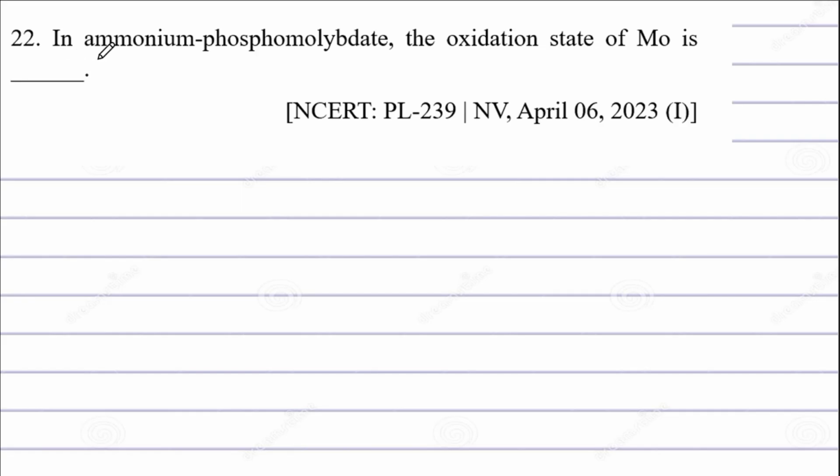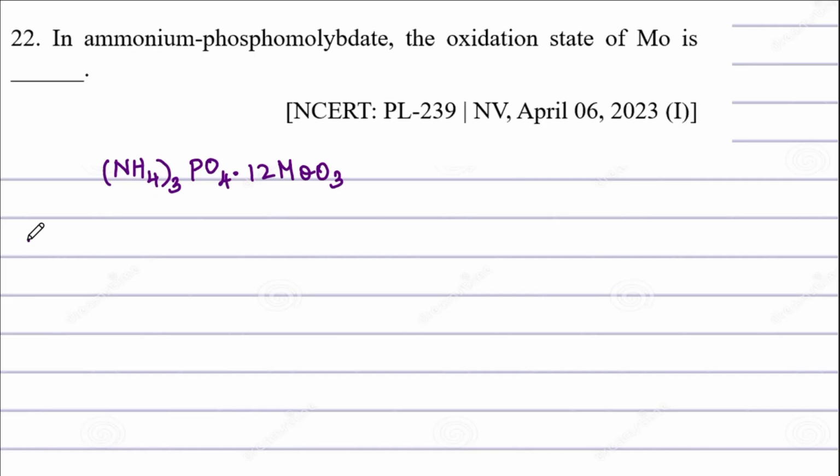The next question is, in ammonium phosphomolybdate, the oxidation state of molybdenum is. The formula of ammonium phosphomolybdate is (NH4)3PO4·12MoO3. Here, you can simply calculate the oxidation state of molybdenum by taking this unit alone. I will explain that.